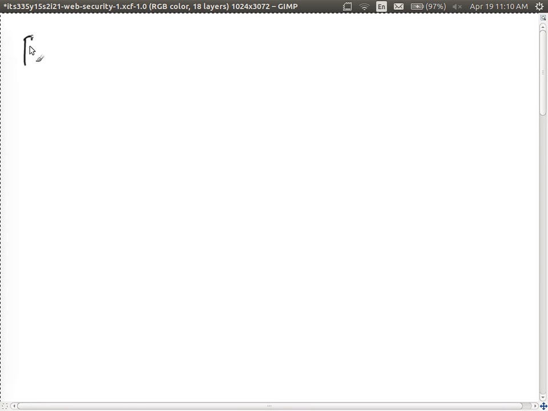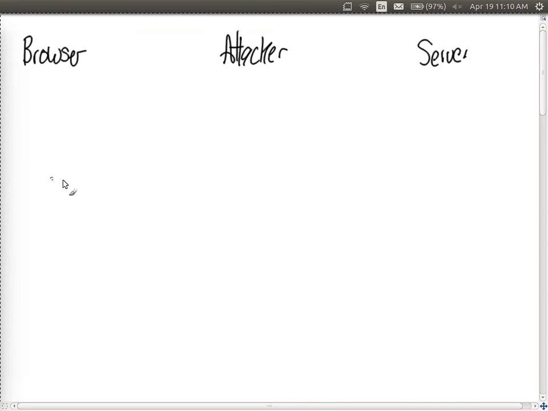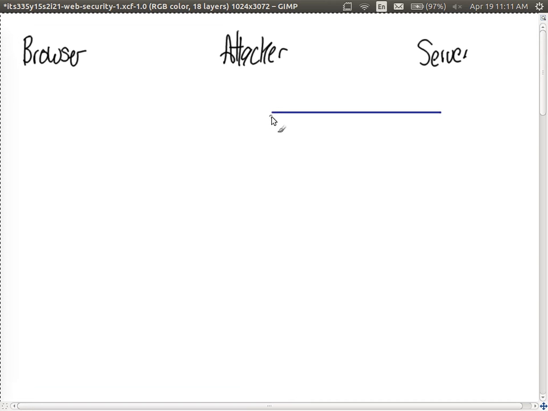Again, we have the browser. You'll see it's very similar, the attacker. The server sends its original certificate to the browser, but it's intercepted by the attacker. The attacker makes a change.